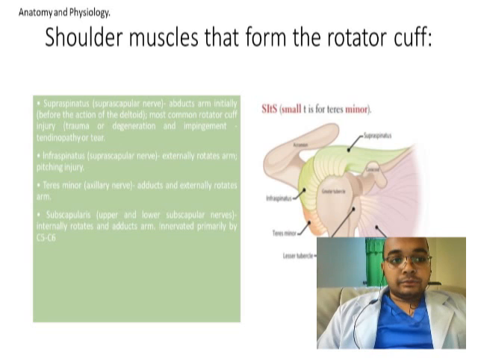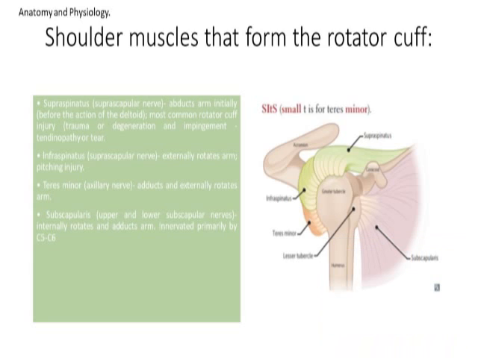Another important muscle, there are four muscles in the rotator cuff, is teres minor. That muscle is innervated by the axillary nerve, and it adducts and externally rotates the arm. The last but not least important muscle is subscapularis.